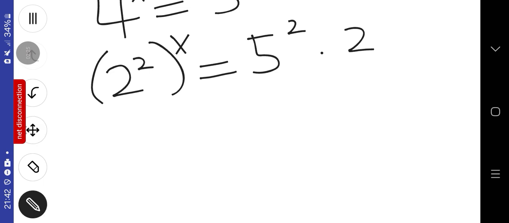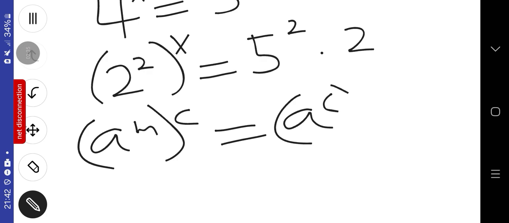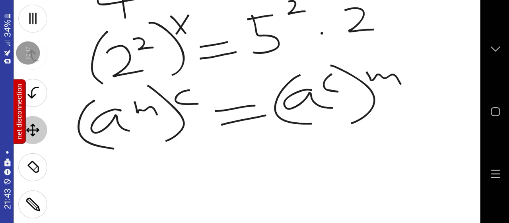If you have a exponent m, all exponent c, this is the same as a exponent m times c. You can see we are exchanging the positions of the exponents on top of the base.